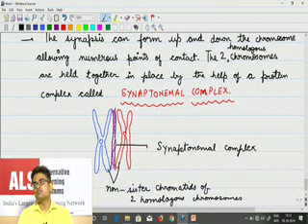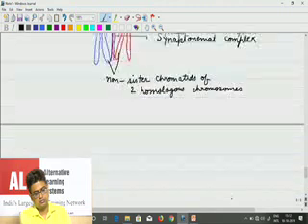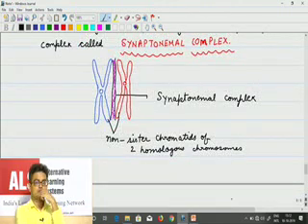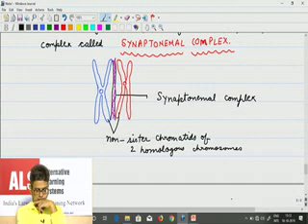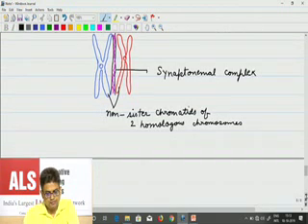Zygonema stage or zygotine stage. Have you finished drawing? Okay.